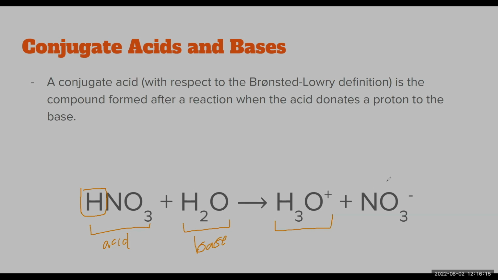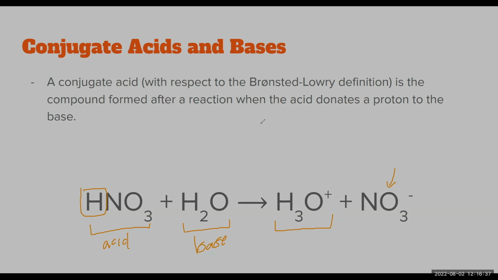And then as a result, this NO3 minus is going to have lost its hydrogen, or the proton. So HNO3 is going to be the proton donor, while we have H2O functioning as our proton acceptor.